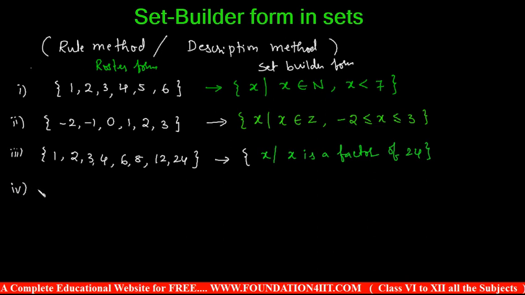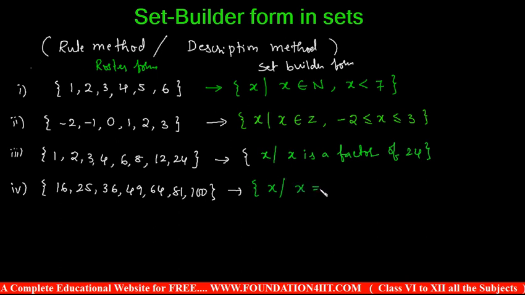Let us see a few more examples. By observing the numbers only, we need to make it. 16, 25, 36, 49, 64, 81, 100. If you notice, these are all squares. Now we can make this into set builder form: x such that x equals n squared. 16 is 4 squared, 25 is 5 squared, so it started from 4.